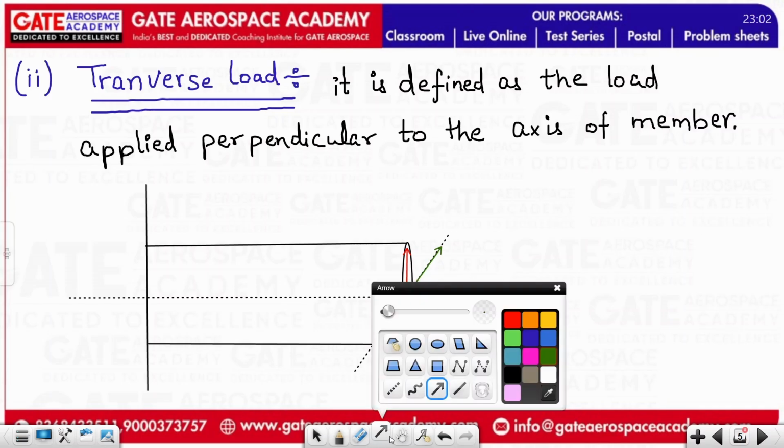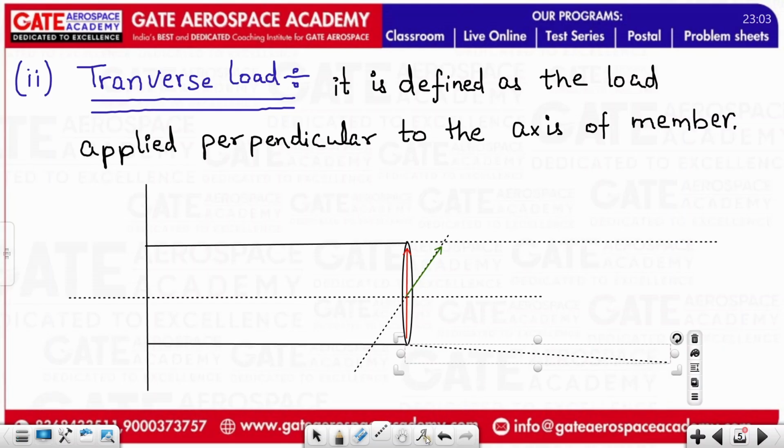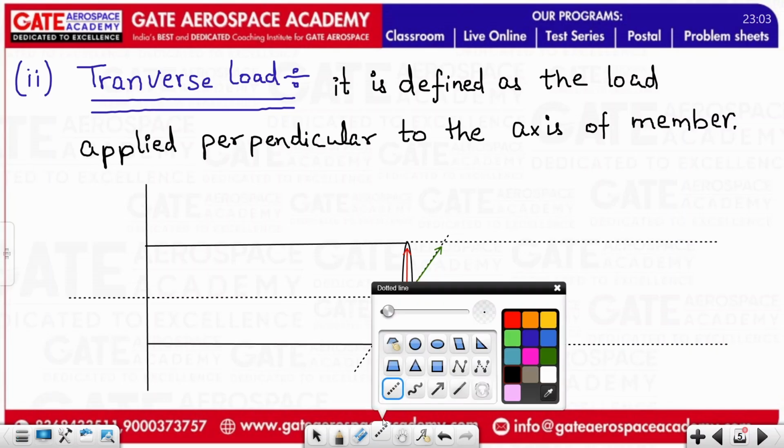Okay, if you try to see this with the help of a cross sectional axis, let us try to view this using a cross section.